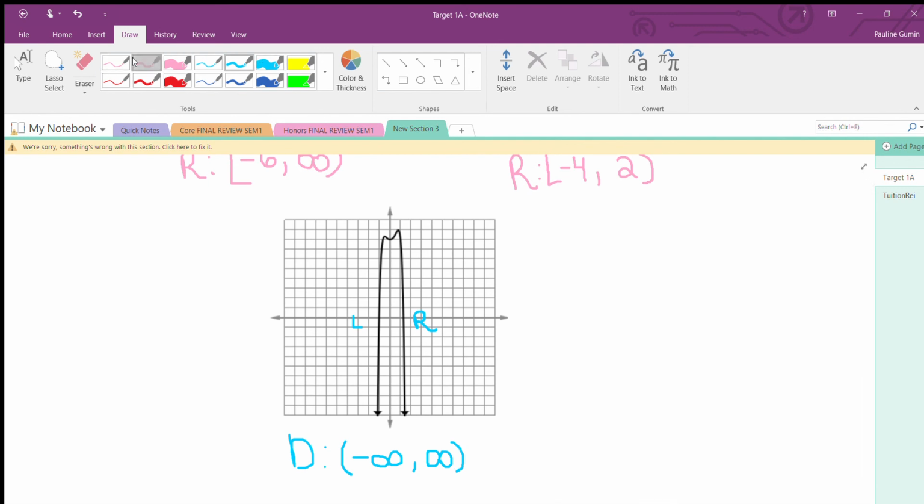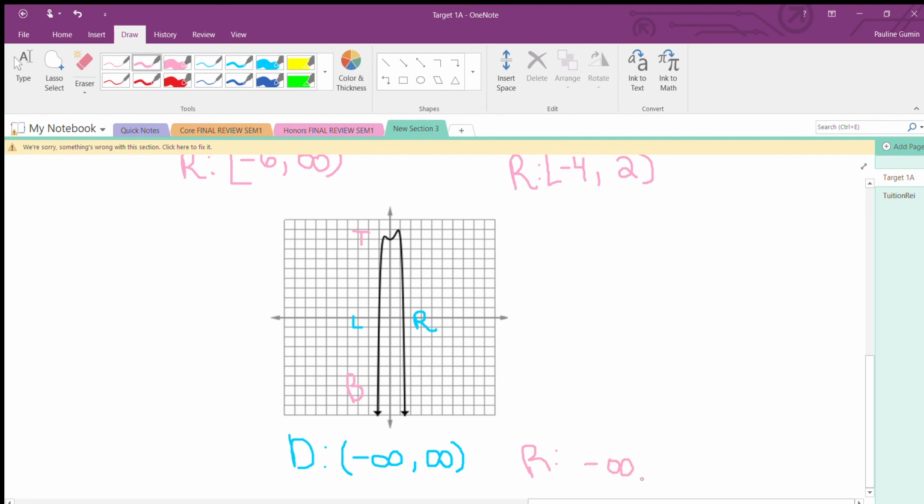And lastly, let's talk range. Range, once again, we go from bottom to top. Okay, on the bottom, you see how we have arrows pointing downwards? That means that the y's are getting smaller for forever.